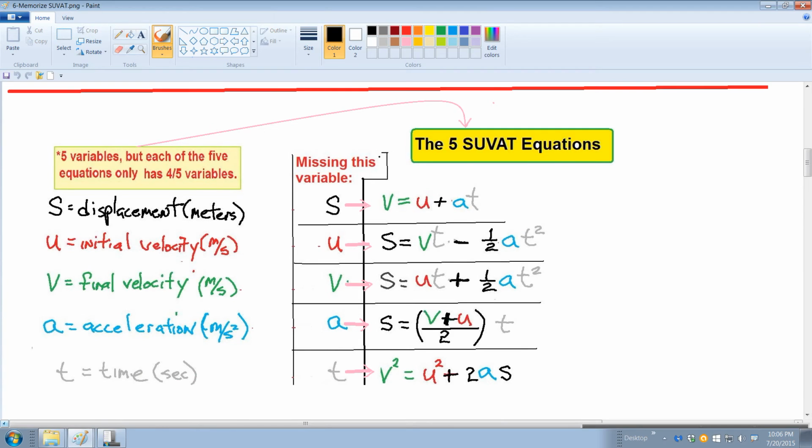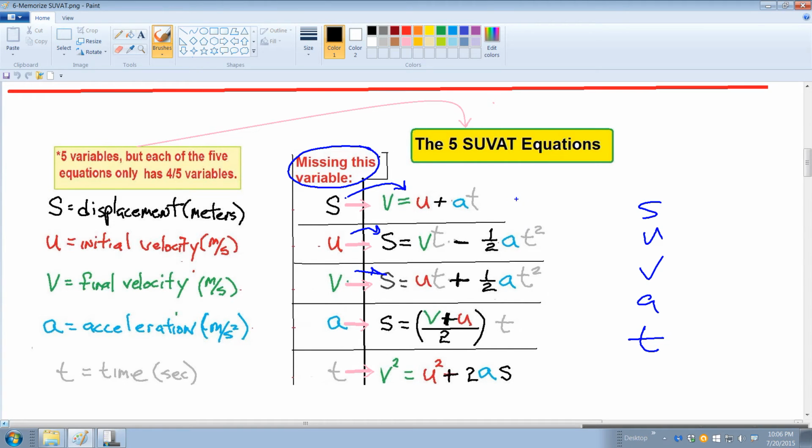Let's look at what's going on with these equations and why we always write SUVAT as our first step in the SUVAT method. You saw that the missing variable is affiliated with an equation. So we want to be aware that s is affiliated with this equation, u is affiliated with that equation, and so forth.